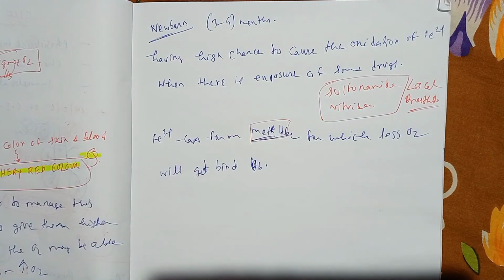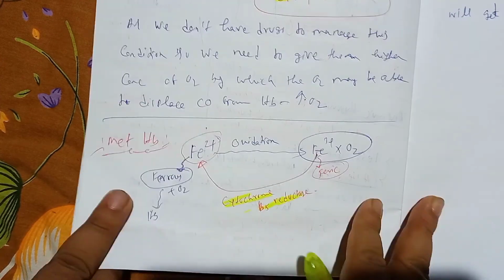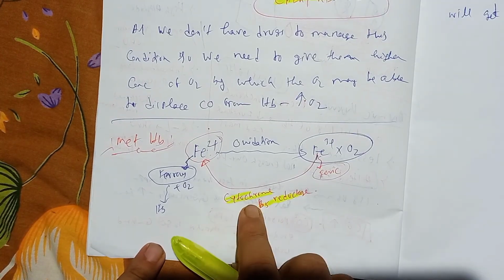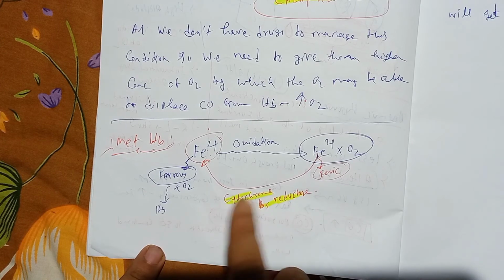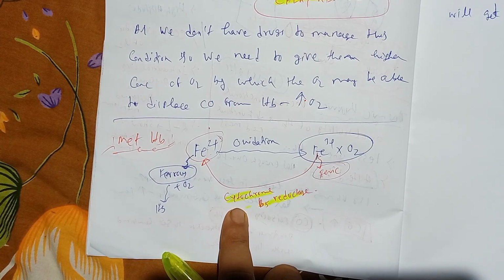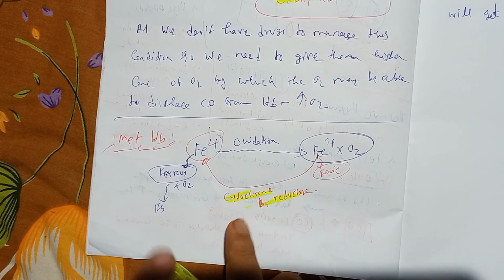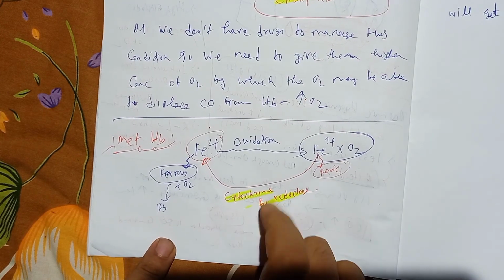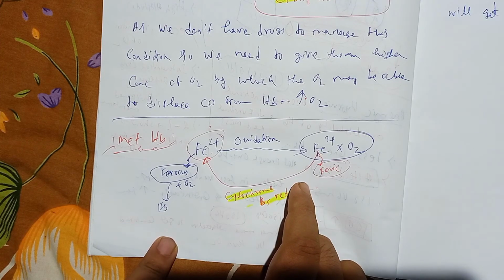Now one more thing. For any individual, if there is a deficiency of the enzyme cytochrome b5 reductase, what will happen? That also causes hypoxic anemia. Why?